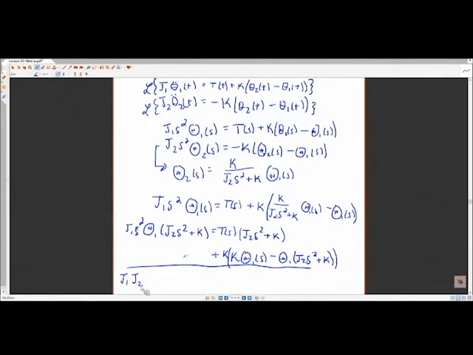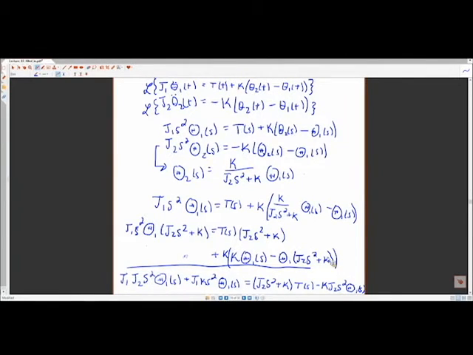We get down to an equation J1 J2 S squared theta 1 plus J1 times K S squared times theta 1 is equal to J2 S squared plus K times T of S. And a simplification happens that two terms end up canceling, so then we just get left with K times J2 S squared times theta 1 of S.